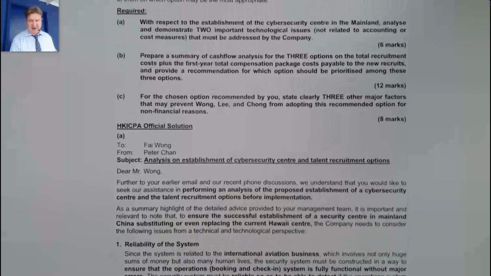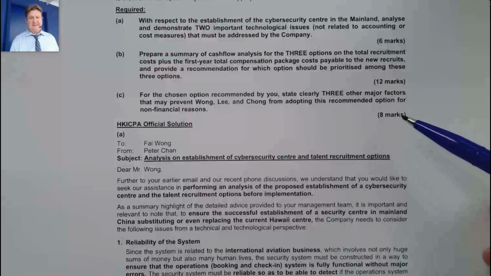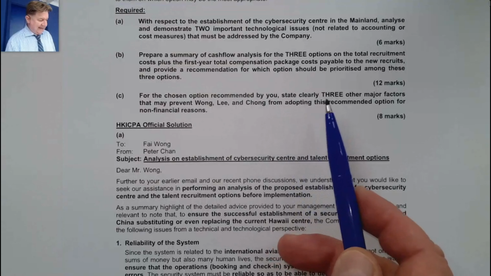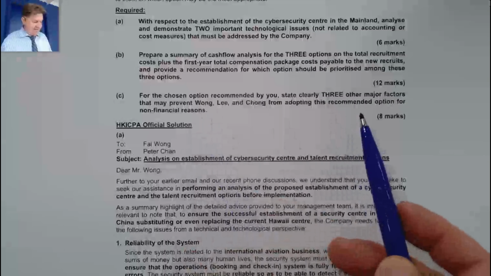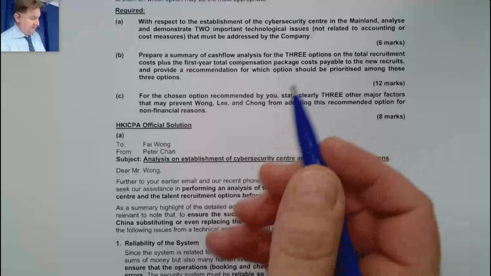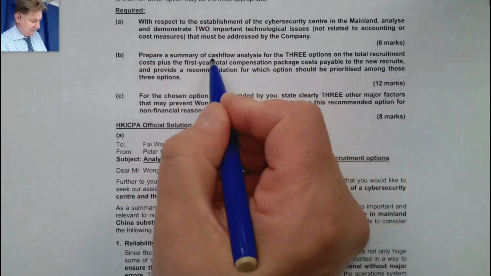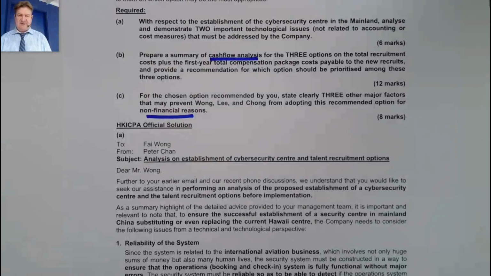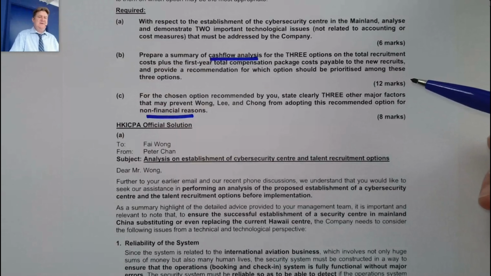But let's look here at this part C. It says, for your chosen option recommended by you, state clearly 3 major factors that may prevent you from adopting this recommended option for non-financial reasons. So something that you guys will see a lot of during the actual Capstone course is this, where we've got financial and then non-financial considerations.